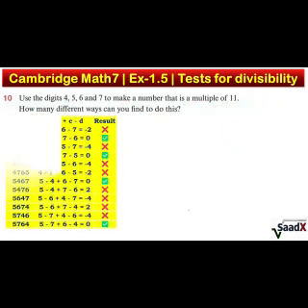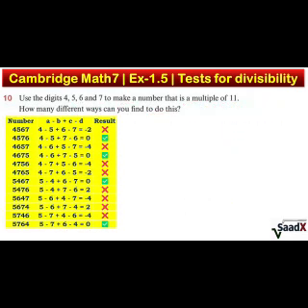First look at 4 5 6 7, the result is minus 2, and we need either 0 or plus or minus 11. So look, here is 4 5 7 6, the result is 0, so 4 5 7 6 can be divided by 11.